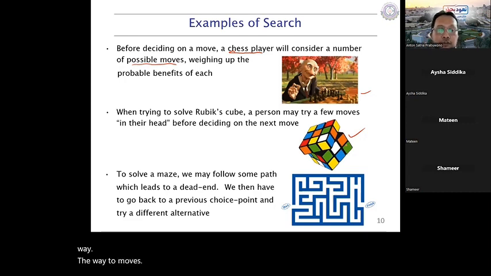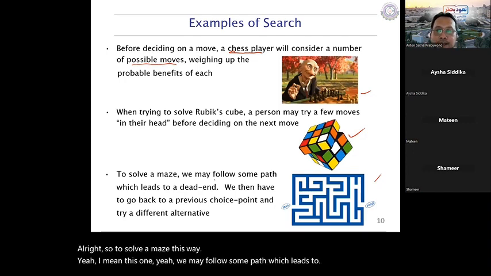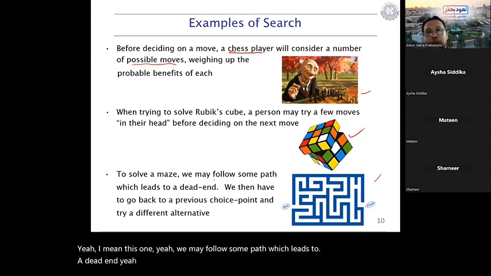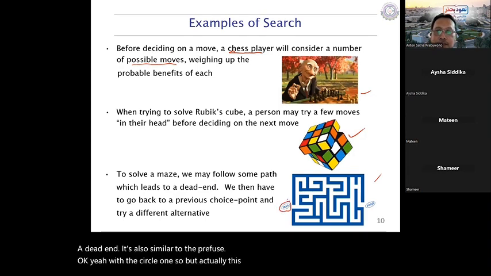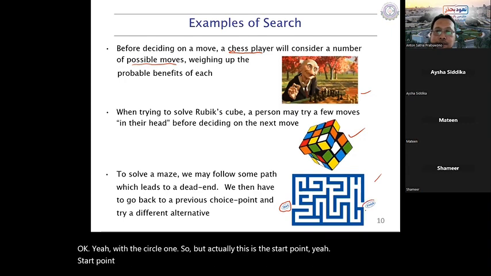All right, so to solve a maze, we may follow some path which leads to a dead end. It's similar to the previous case. This is the start point here, and this is the finish, the goal.